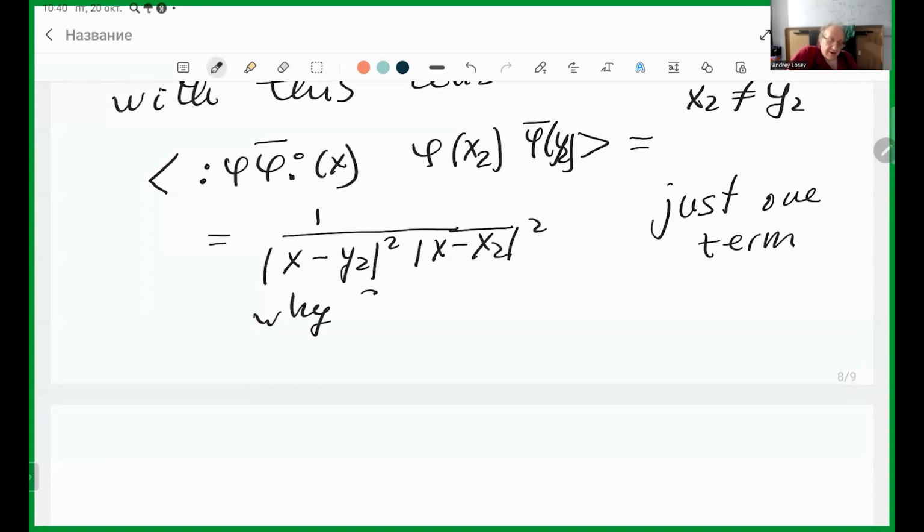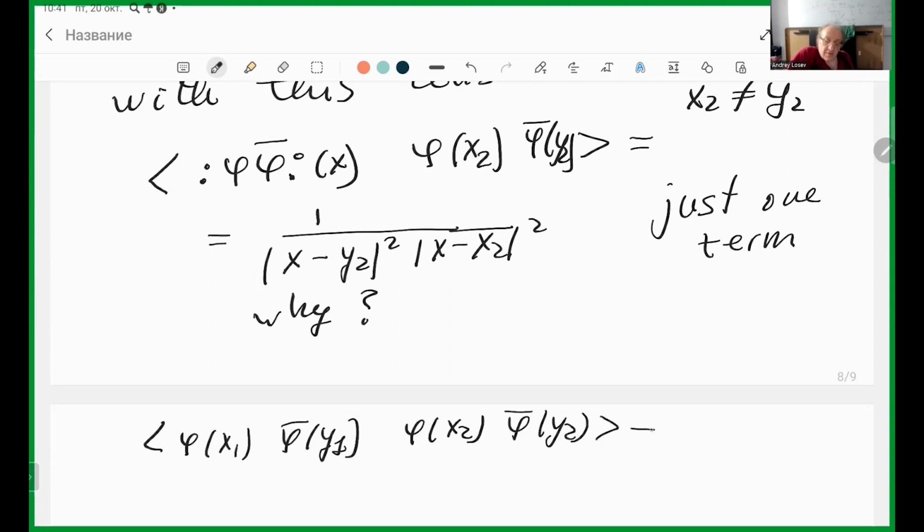It's because we have phi x1, phi bar y1, phi x2 phi bar y2 minus 1 over x1 minus y1 square phi x2 phi bar y2.